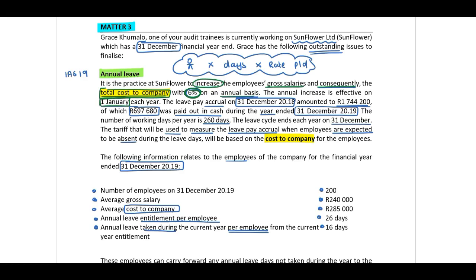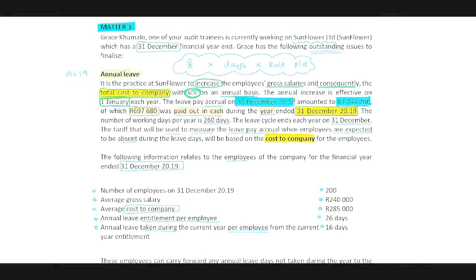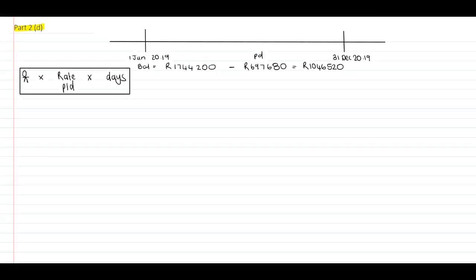Leave pay accrual on 31 December 20.18 amounted to 1,744,200, of which 697,680 was paid out during the year ended 31 December 20.19. Therefore, on my timeline, our balance 1 January is 1,744,200. They've paid out 697,680.